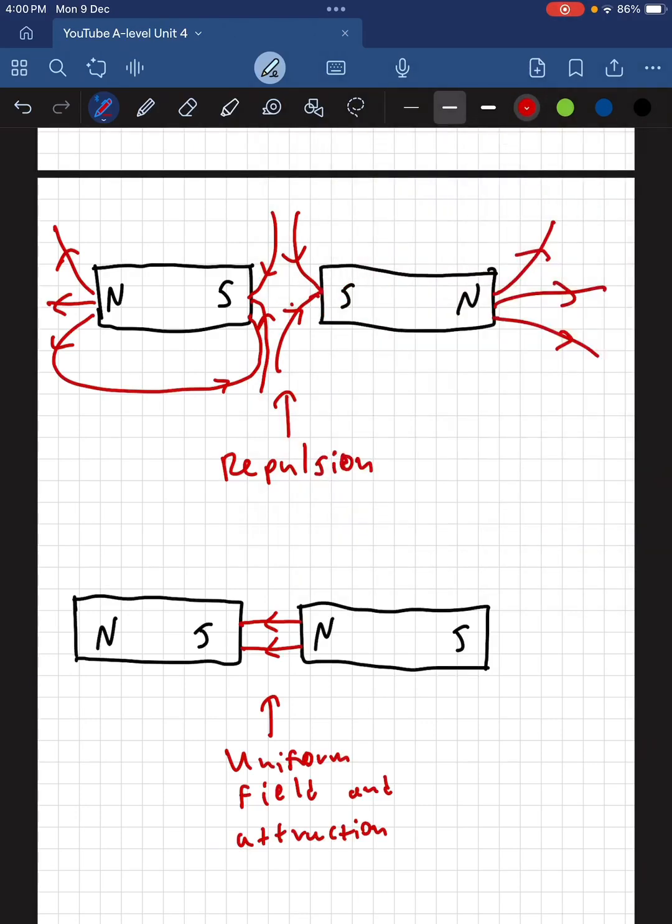Now, let me draw a few more lines before we move on. So we also have lines that exit the north pole and enter the south pole like this. And the same for this magnet, okay?